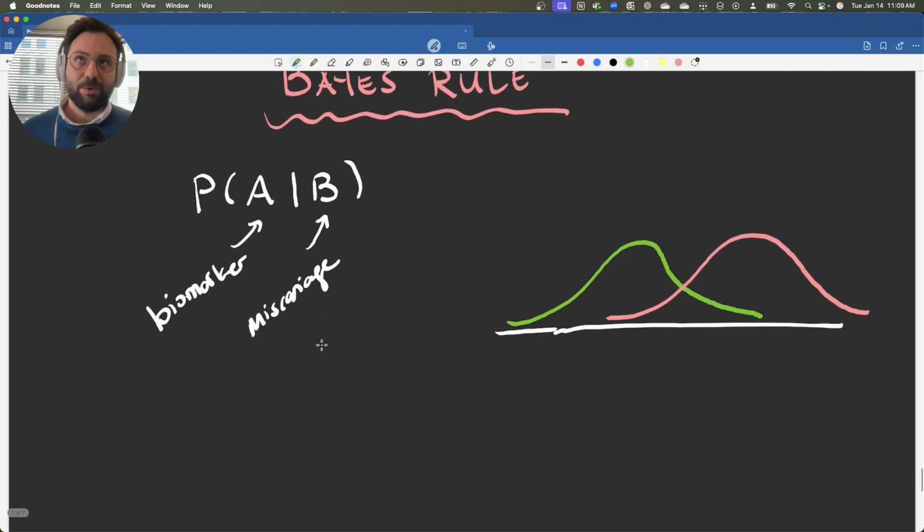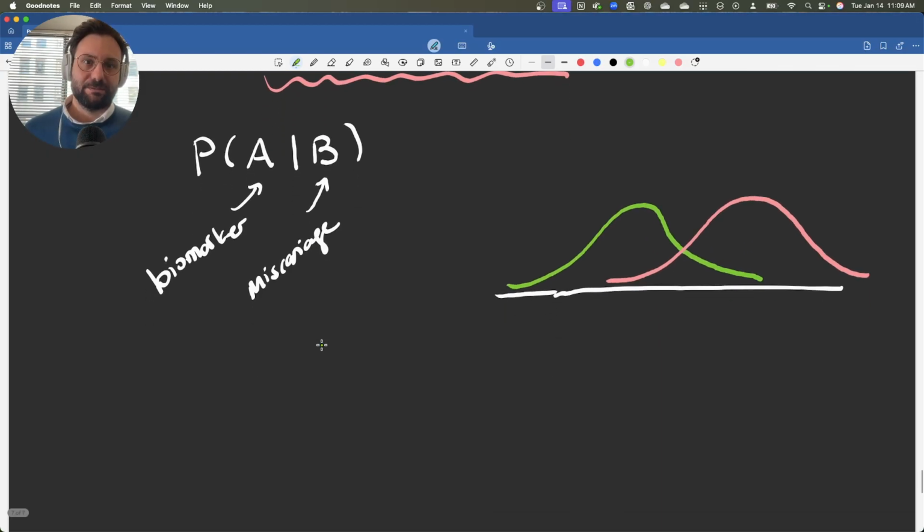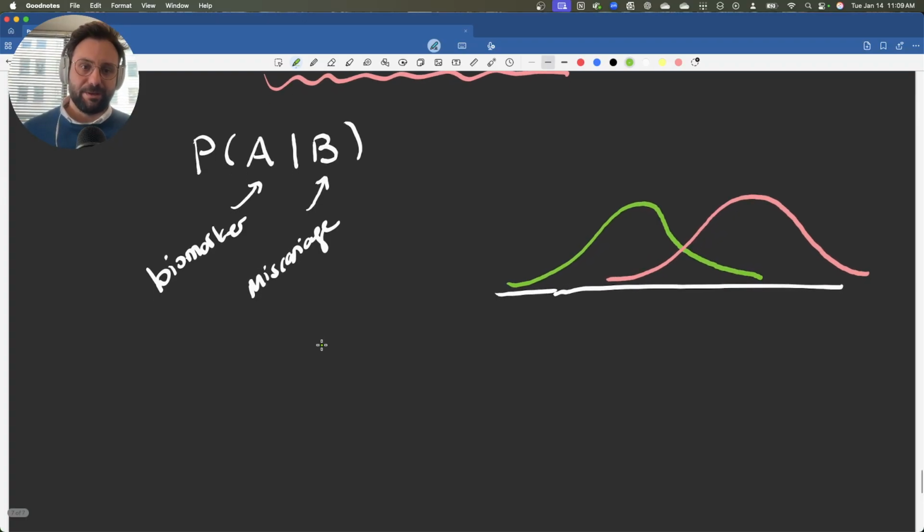But the more interesting question, or the probability that the couples want from the doctor, is not the probability of biomarker given miscarriage. So they go to the doctor every now and then, and they want to have a probability, 1 in 10,000, 1 in 1,000.